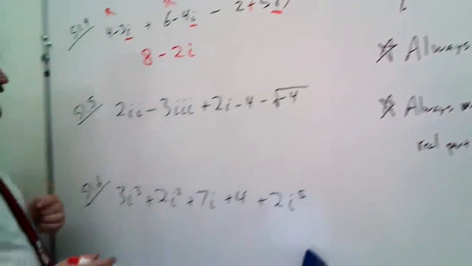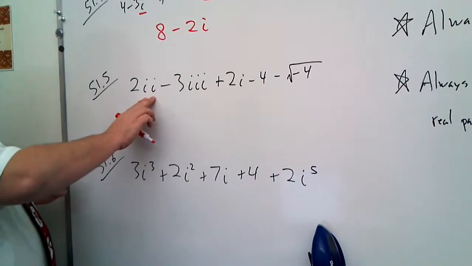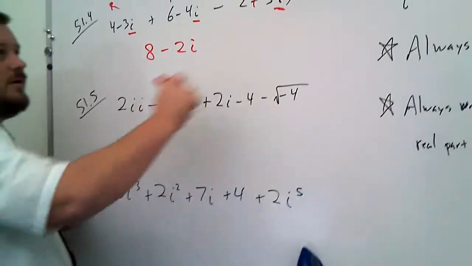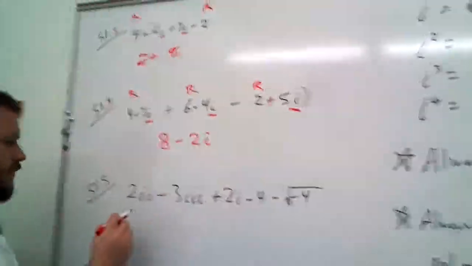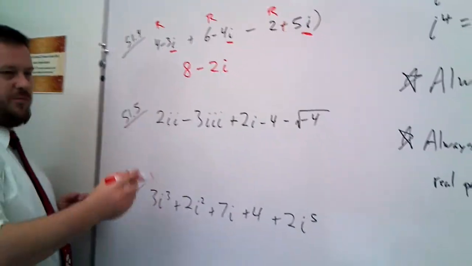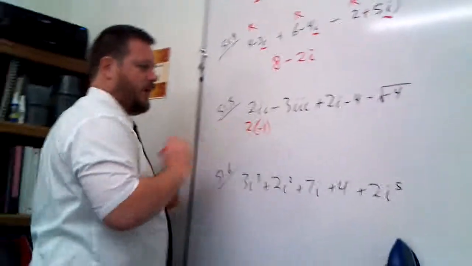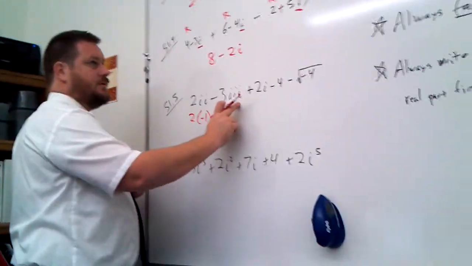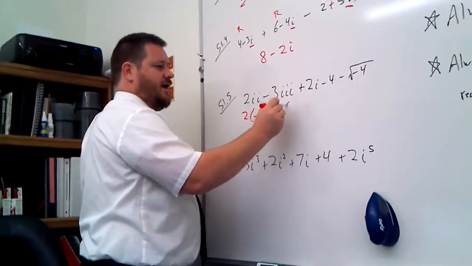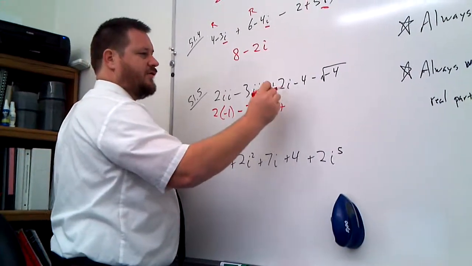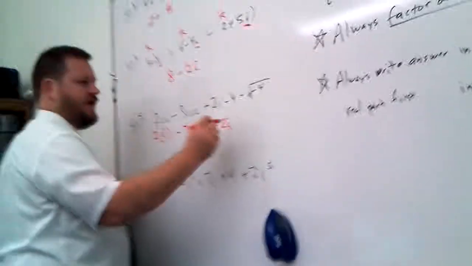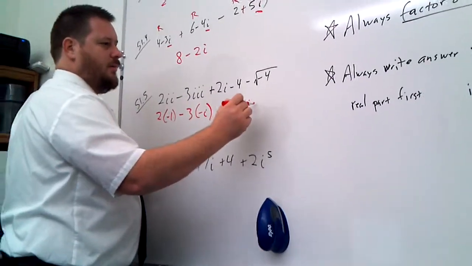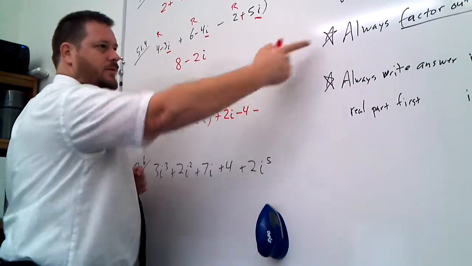Okay, what if it looks like this? i times i is what? i squared, which is negative 1. So when I'm doing these problems, I like to take an extra step and do this. i squared is negative 1, minus 3 times i cubed, which is negative i, plus 2i, there's nothing to do with that, minus 4, minus, now, what does this say?